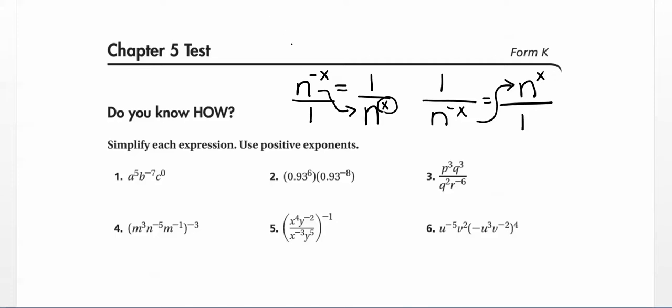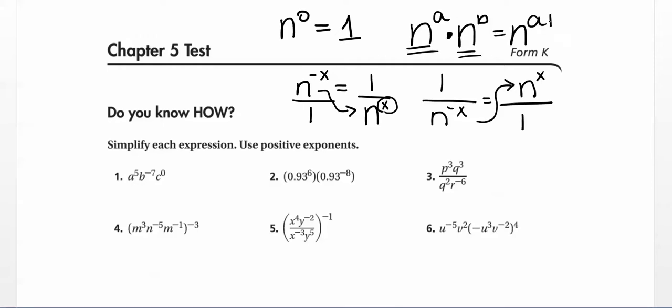And the other thing we need to remember is the 0 exponent. Anything to the 0 power will be 1. And then there are all these other rules that we reviewed that you should know, like n to the a times n to the b. If these are the same base and you're multiplying them, we can add these exponents.